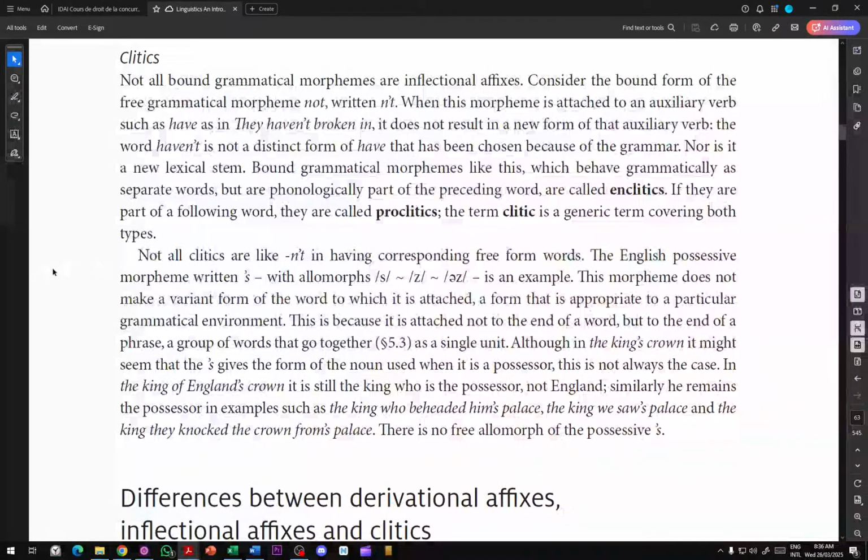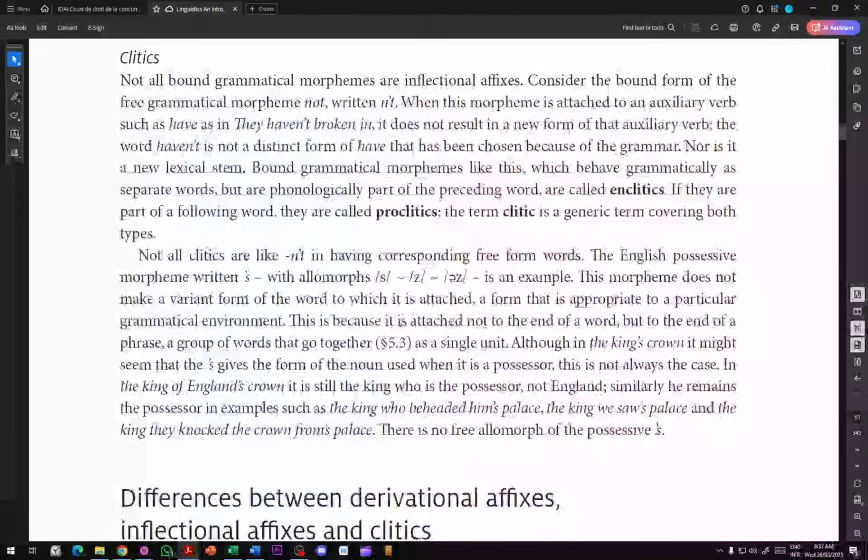The English possessive morpheme s with allomorphs s, z, and ez is an example. This morpheme does not make a variant form of the word to which it is attached, a form that is appropriate to a particular grammatical environment.